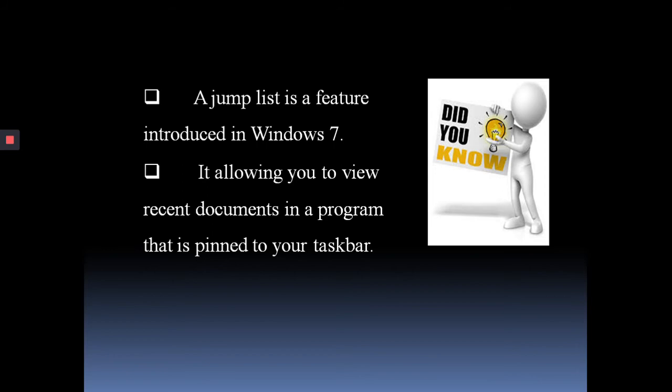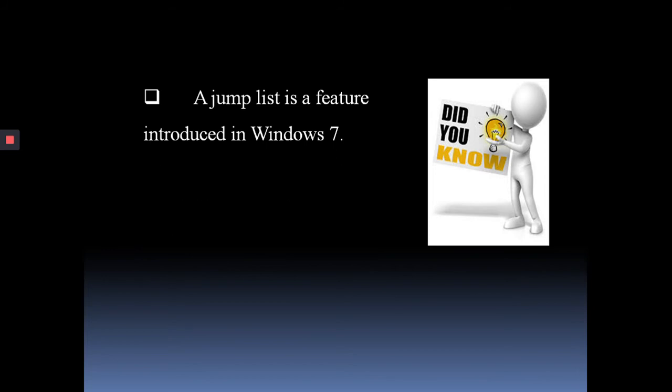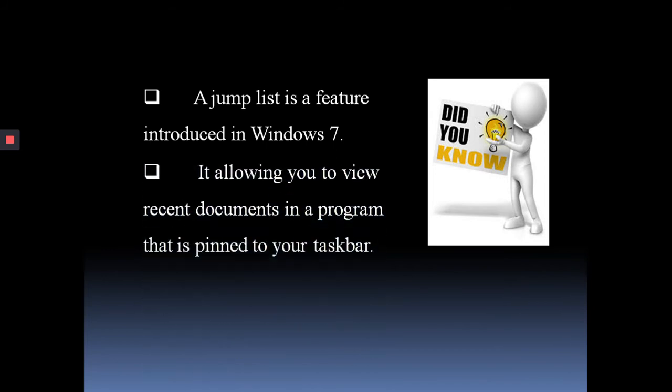If we want to open frequently used documents, we have to use the quick launch bar. There is one difference between the quick launch bar and the jump list. In the quick launch bar we view frequently used documents. In the jump list we view recent documents.